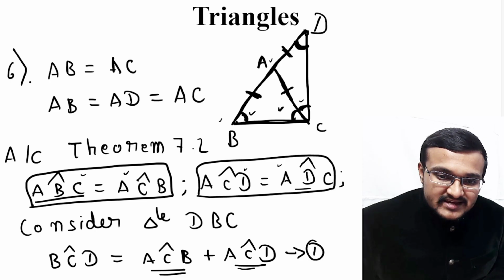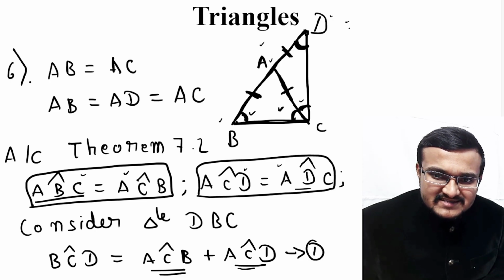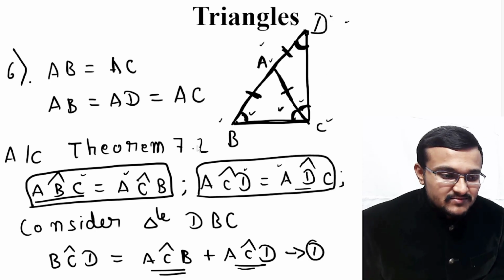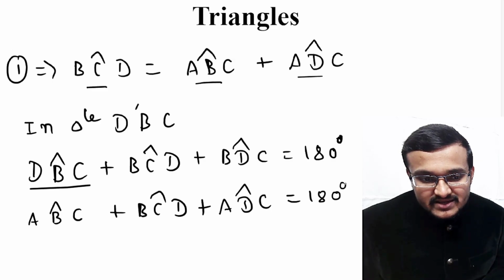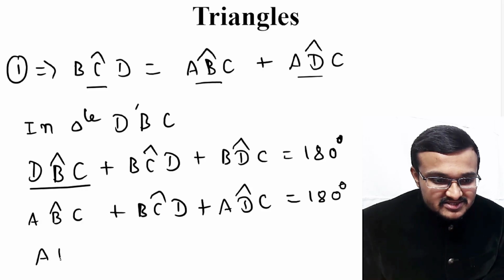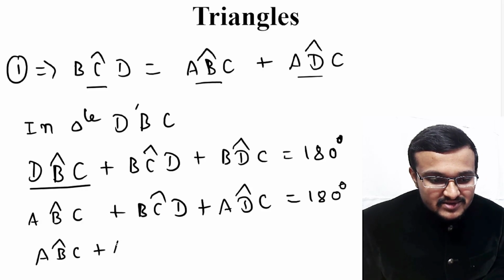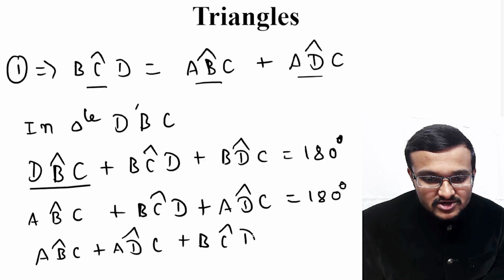So that is equal to 180 degrees. So that means we have ABC plus ADC plus BCD is equal to 180 degrees.